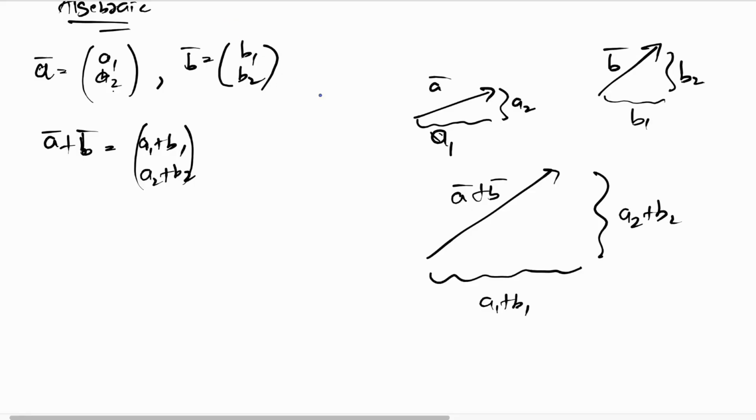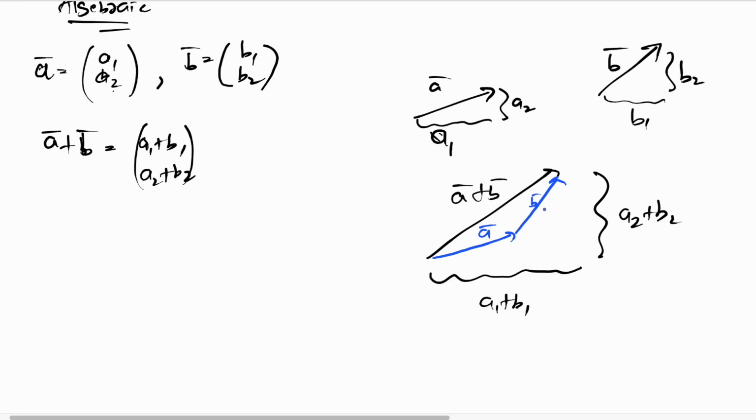But the thing is, this addition is equivalent to aligning both the vectors a bar and b bar next to each other like this.